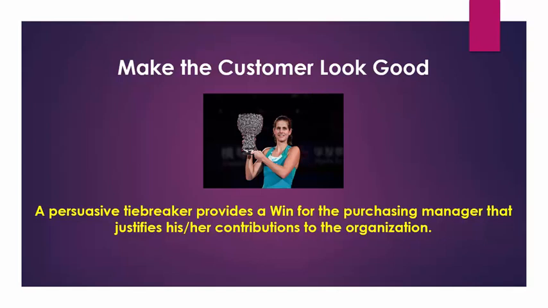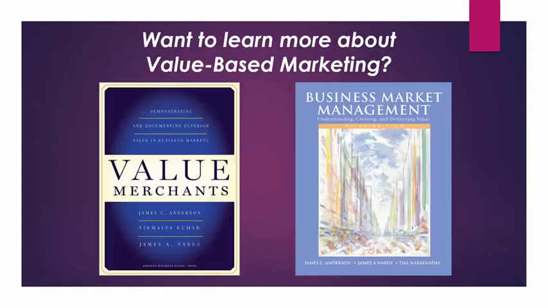Now, how can I do that? Well, by providing a value model to the senior management of that company, showing that in fact they're monetarily better off. So one of the things that you want to do in tiebreaker selling is make your purchasing manager look like a hero, make them look good, give them a win, and make sure that their senior management knows of that. It'll do good for you in the long run.